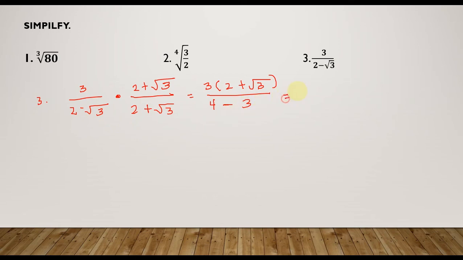Simplifying and multiplying, we get 6 plus 3 square root of 3 over 4 minus 3, which is 1. And of course, if your denominator is 1, you can now remove the over 1. And this is your answer.